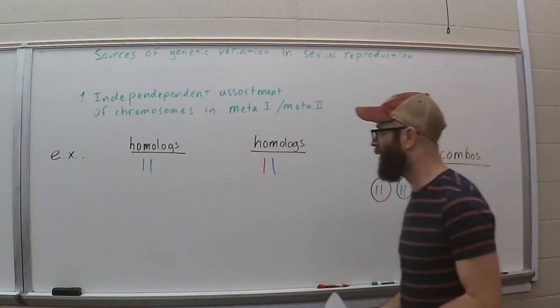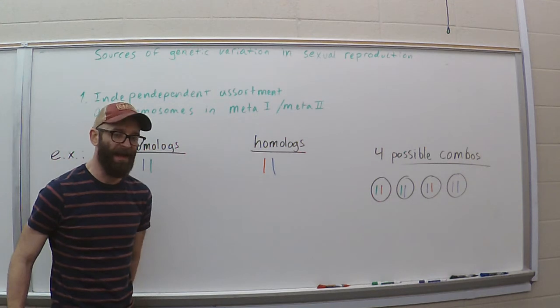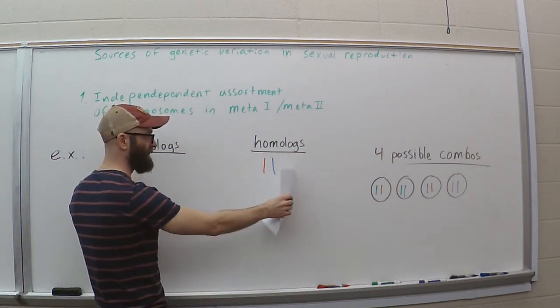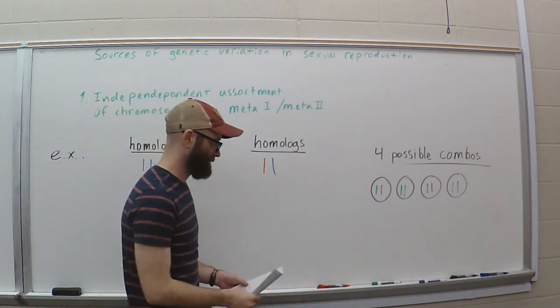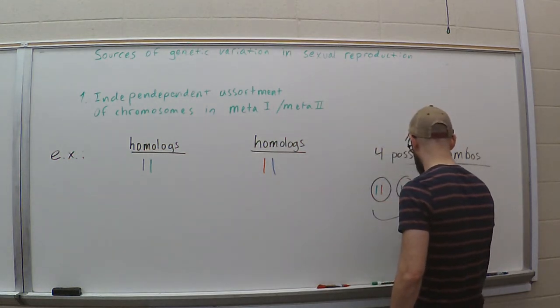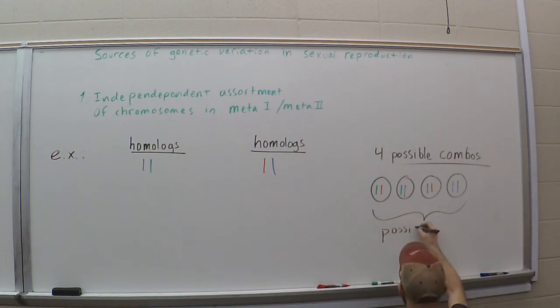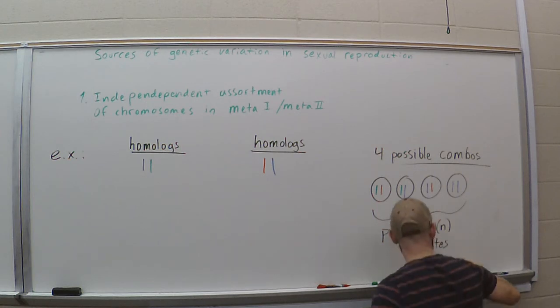All right, so those are all of the different combinations that you could make if you were making gametes from this cell. So these are all the possible haploid gametes.